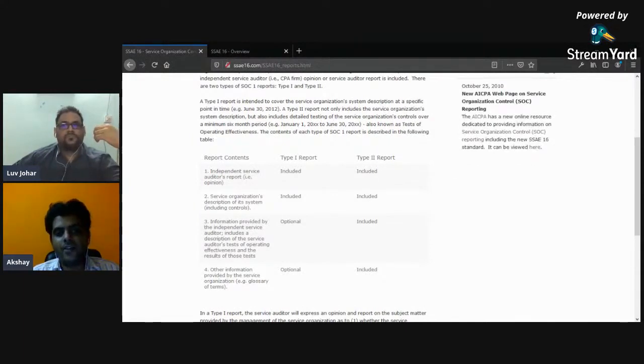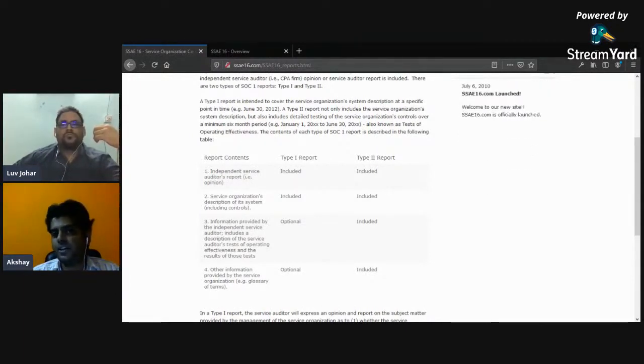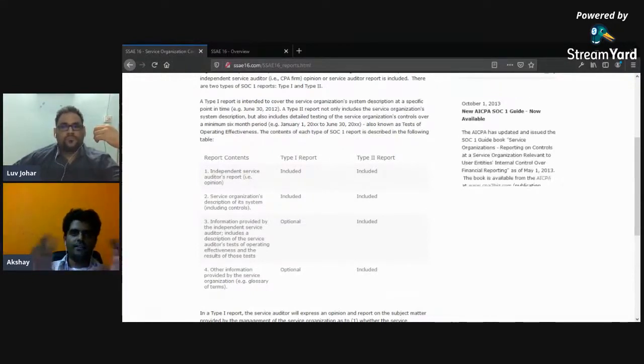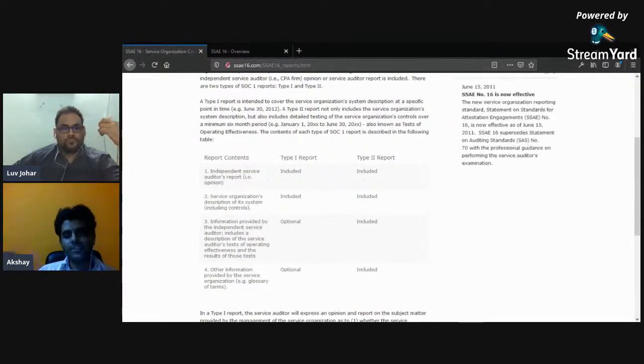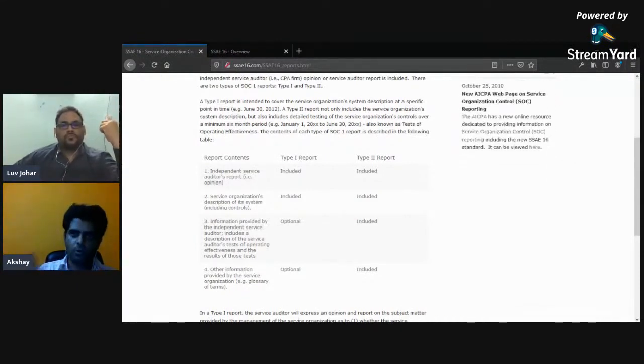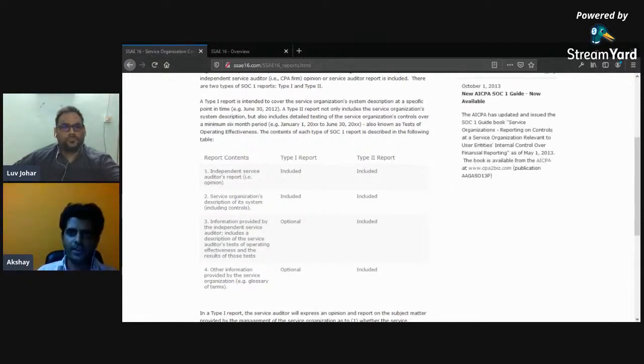SOC 2 has wider criteria, in the sense that it's not just talking about financial reporting anymore. So the scope and the area of SOC 2 is wider. And from a cyber security perspective, I would say that SOC 2 has more direct relevance because it talks about the 5 principles of SOC 2, which we'll discuss.